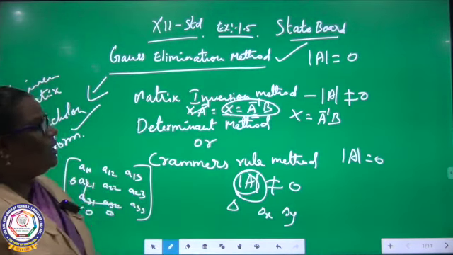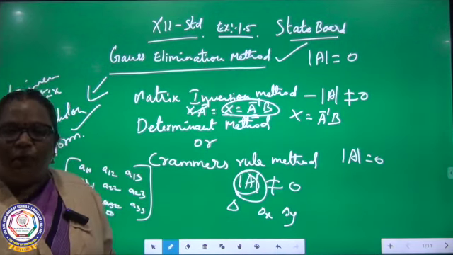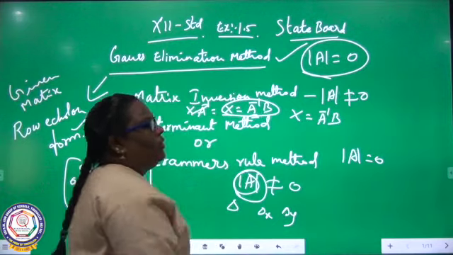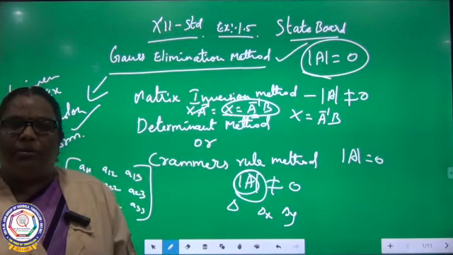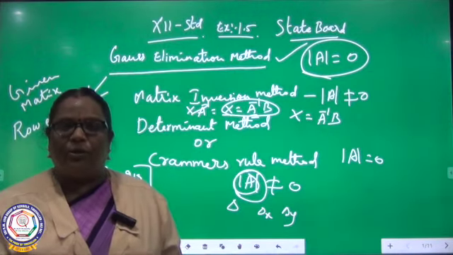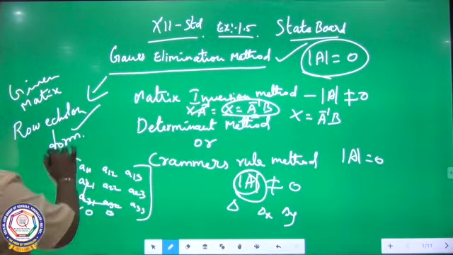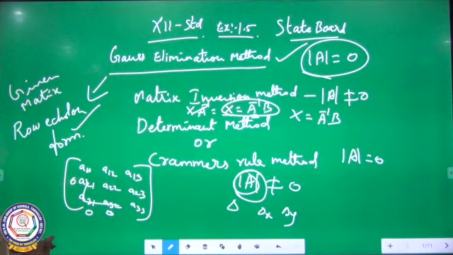But in the Gauss elimination method, even if the delta value or determinant of A is equal to 0, we can proceed with the sum, by bringing it into row echelon form.